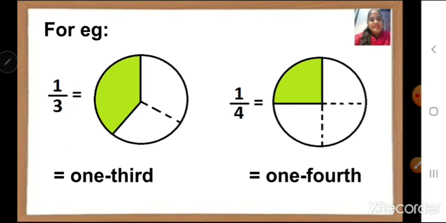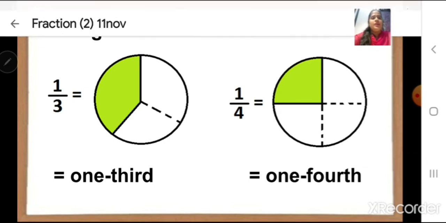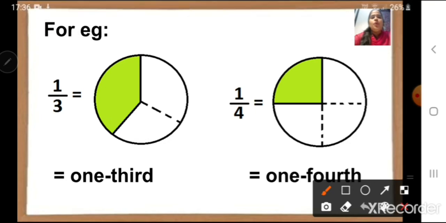See the next example. Here there are 3 equal parts. The circle is divided into 3 equal parts. Out of 3 equal parts, only one part is shaded. So what is the fraction of the shaded portion? It will be 1 part upon 3 equal parts, correct?